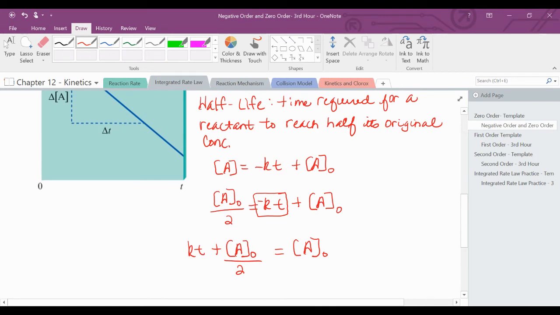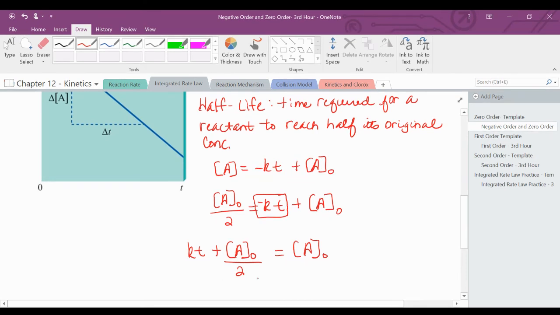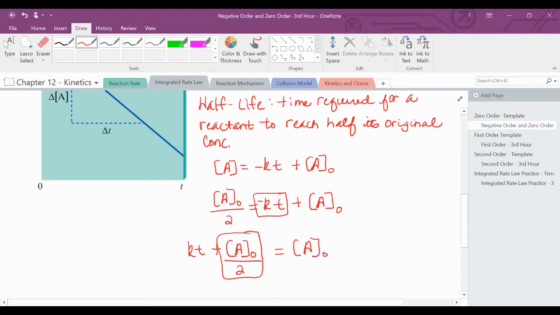Now, eventually what we want is we want t by itself so that we know the half-life. All right, so we're going to have to move this initial concentration of A divided by 2 to the other side. Now, it's a fraction, so we need to make the other side a fraction. So this is like 1 times A initial. So I'm going to just make these 2 and 2.